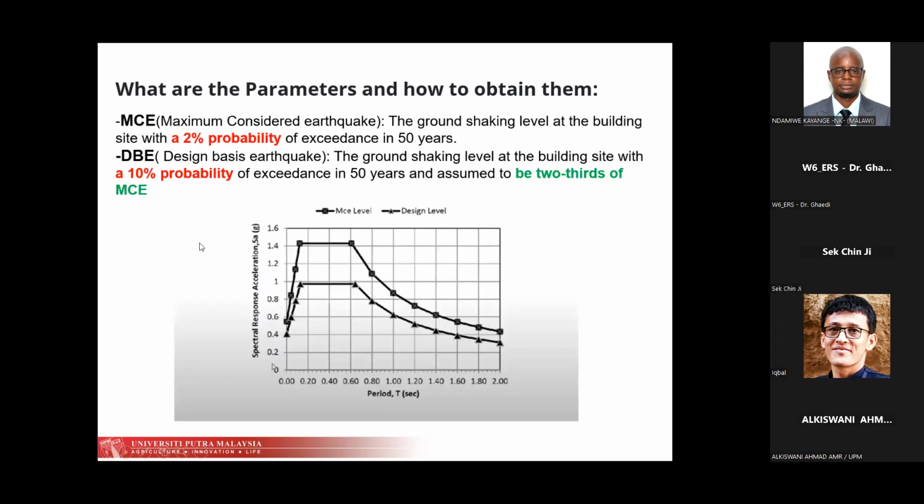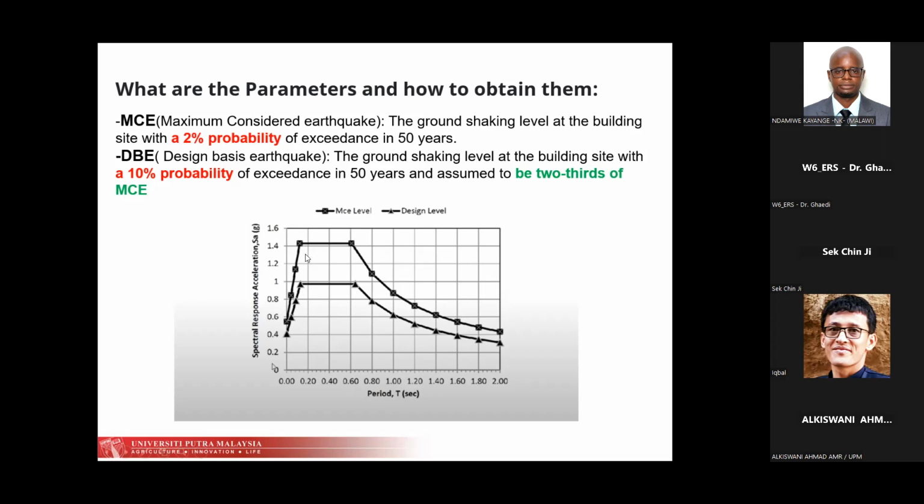To better understand this, I will talk a little bit about the maximum considered earthquake and the design-based earthquake. The maximum considered earthquake is the ground shaking level at the building site with a 2% probability of exceedance in 50 years.